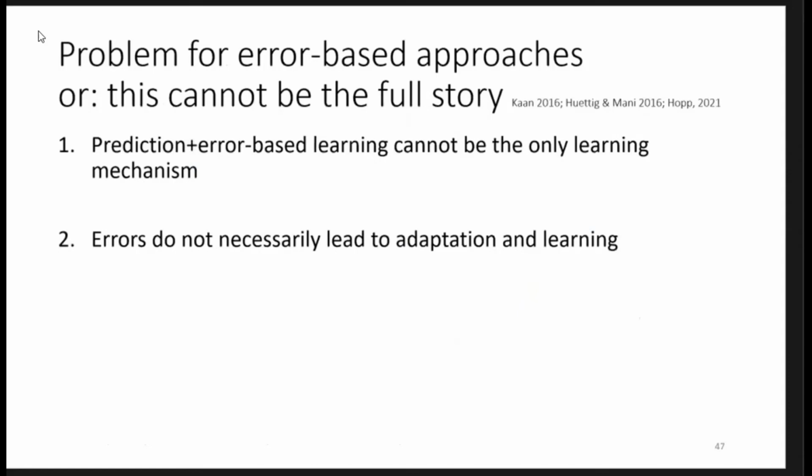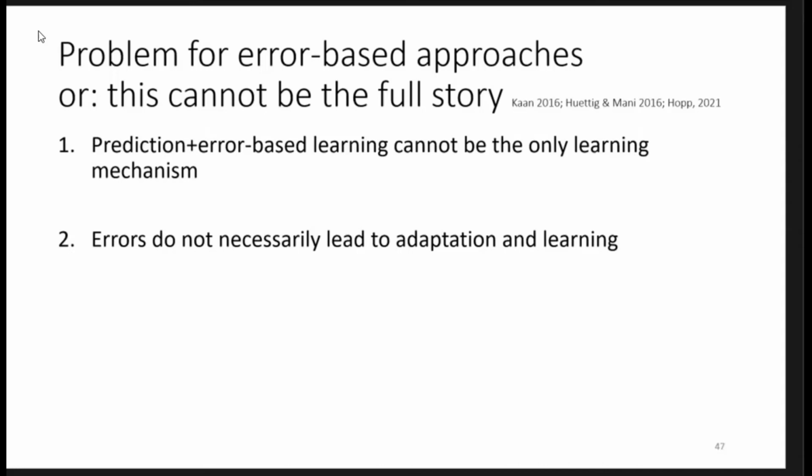For instance, these Turkish speakers of Norwegian did know the gender, but they don't use it predictively. So they could not have learned gender by prediction. So that cannot be the full story. There need to be other mechanisms used in addition to prediction to learn a language.